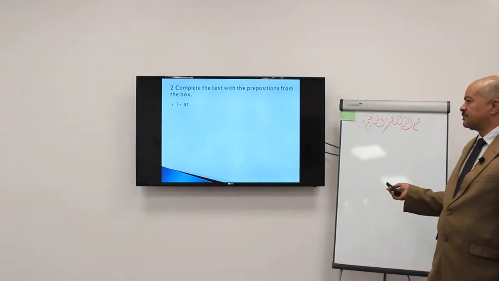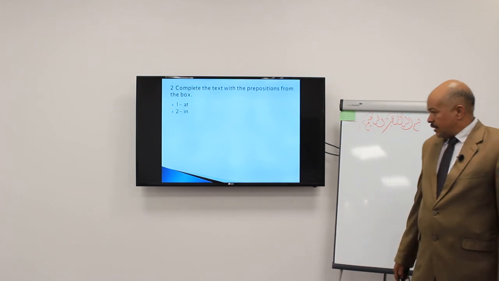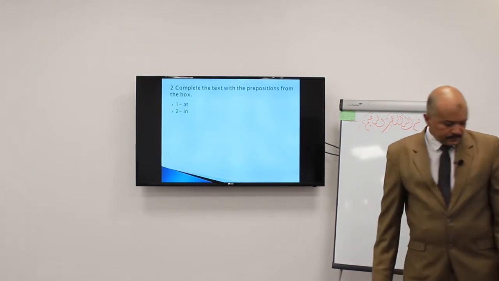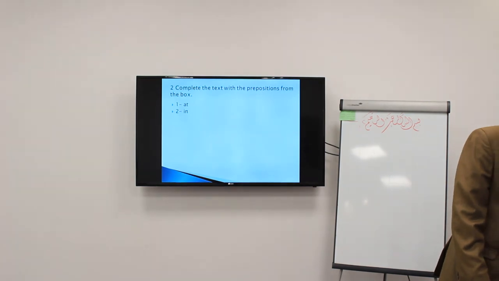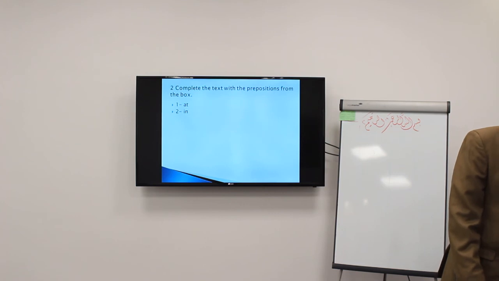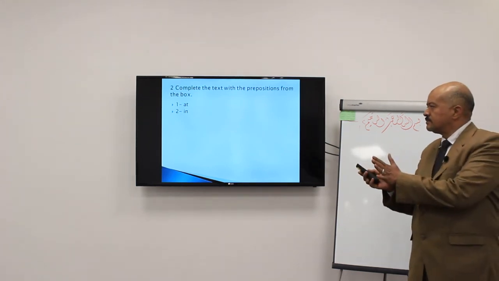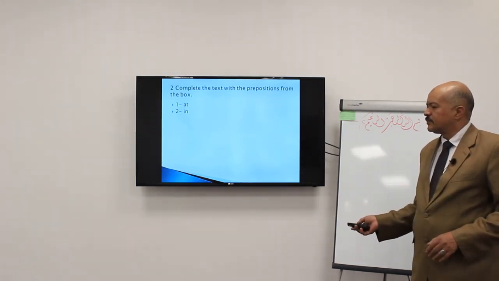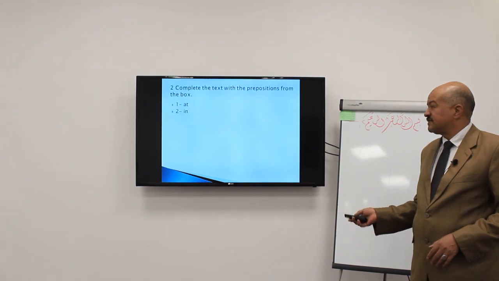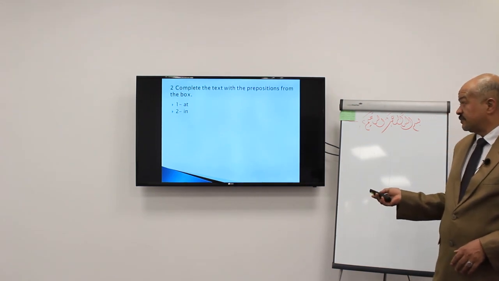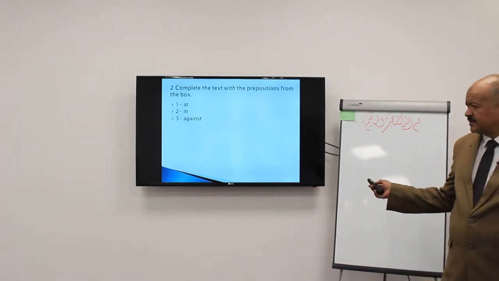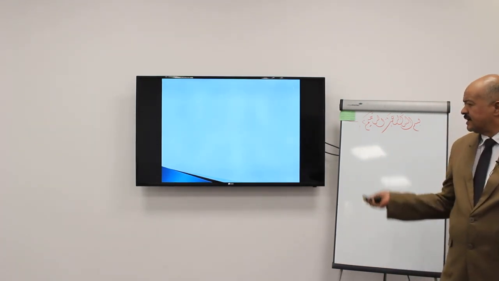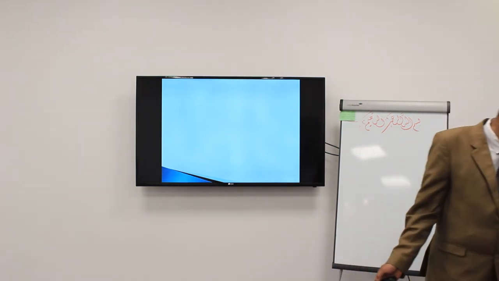Okay, which one do you think? In their path. Okay. Number 3, in an earthquake, the earth's plates press dash each other. Which preposition do you think is the suitable one for this? Against. I'm not sure. Yeah, 3. Complete the rest, please, until 8.